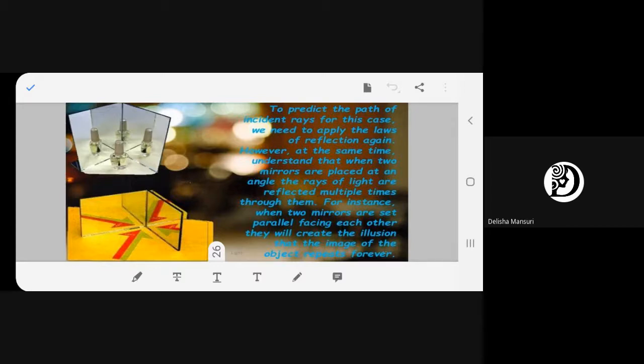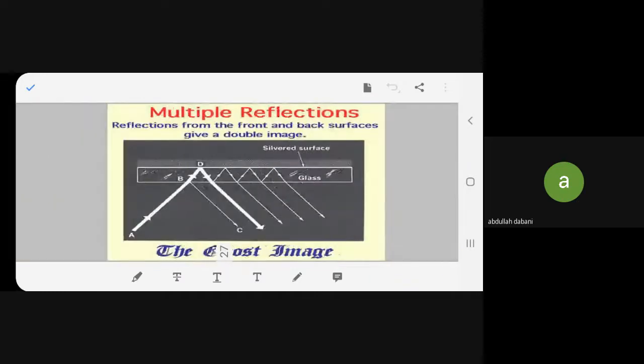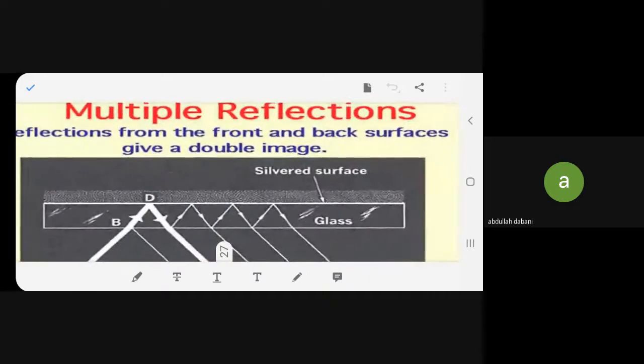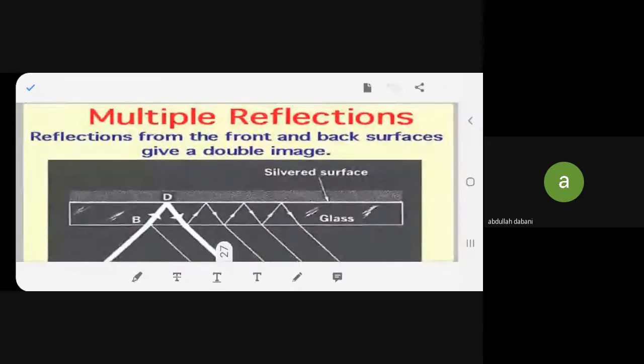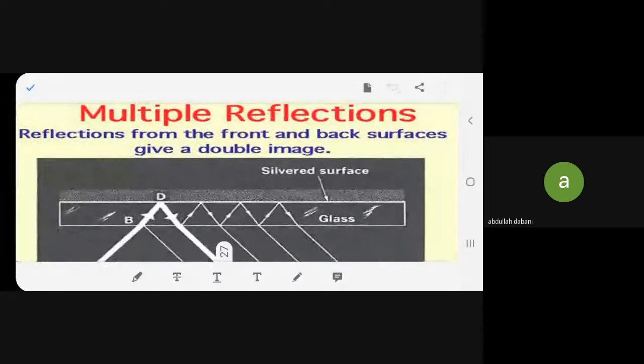Is it okay, beta? Yes, ma'am. How does it happen? Read. Multiple reflections. Reflections from the front and back surfaces give a double image.